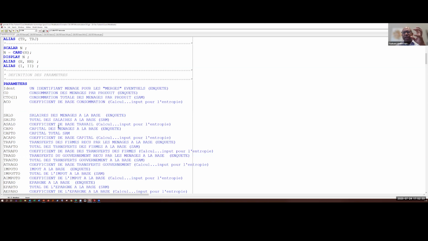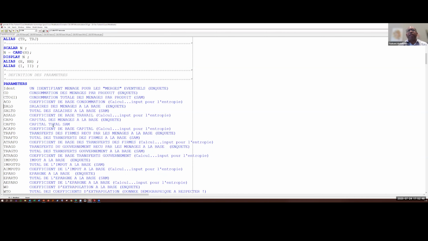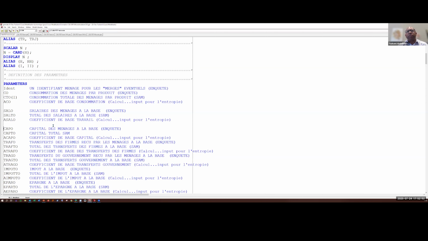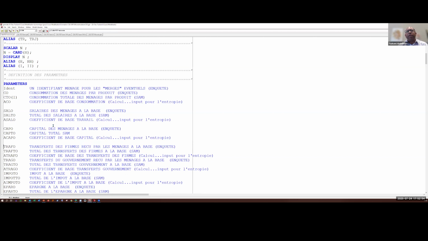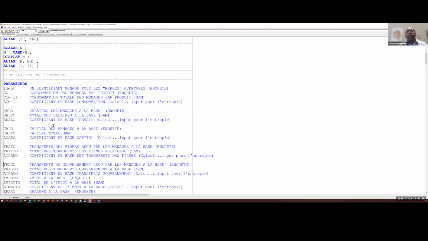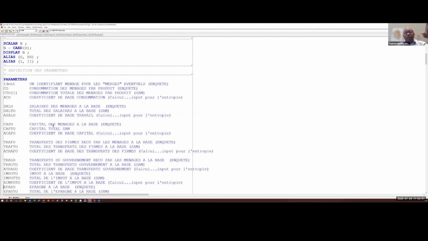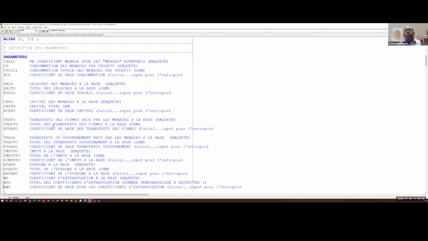So the story is, for each flow we have in the sum, we have the equivalent for each household, and we have to calculate the coefficient for each household. Now, the flows we have in the sum are for salaries, for capital, for transfers, etc. So for each flow, we have to define what we need.